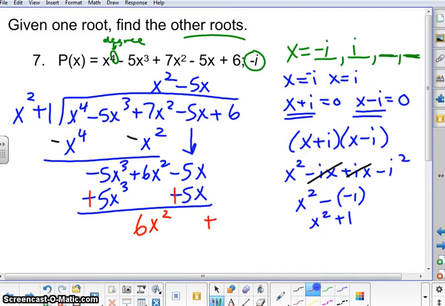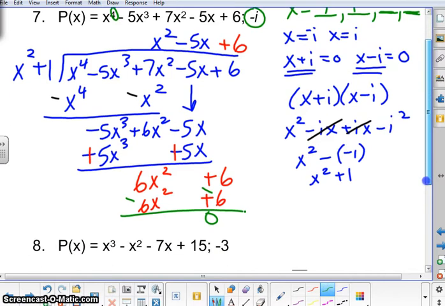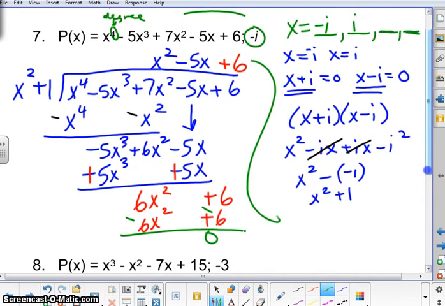Those cancel out, leaving me with plus 6. And then my last move is to go x squared times what? Going to give me 6x squared. And that's going to be 6. So we have 6x squared plus 6. And then after you subtract them both, they end up canceling and giving you no remainder. So that's good. And we'll take that answer and use it down here.